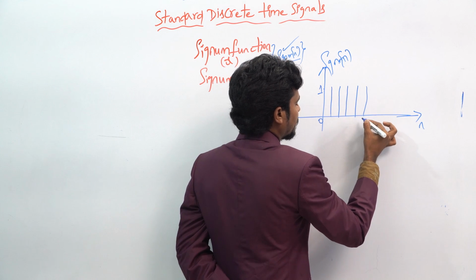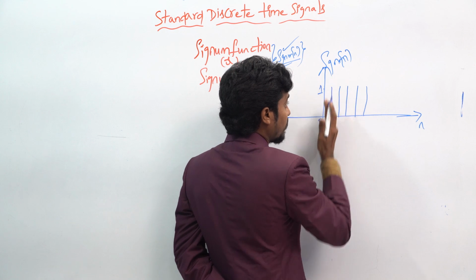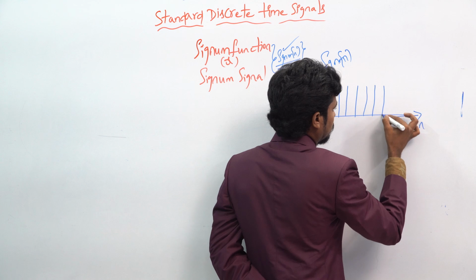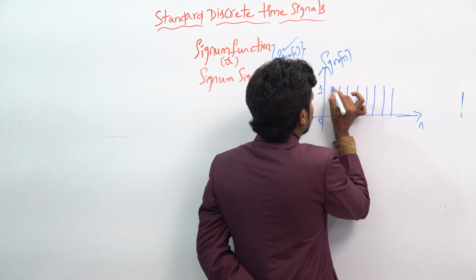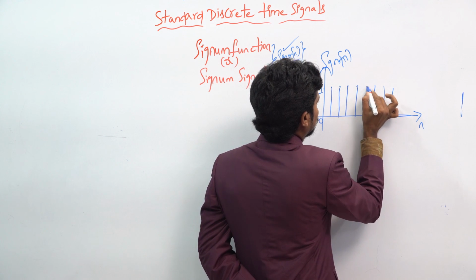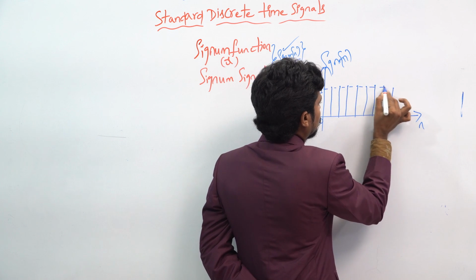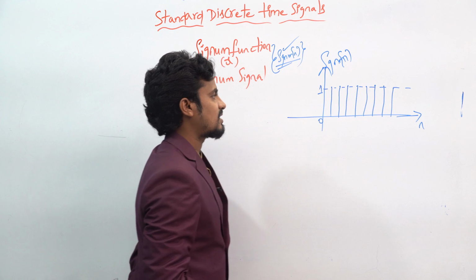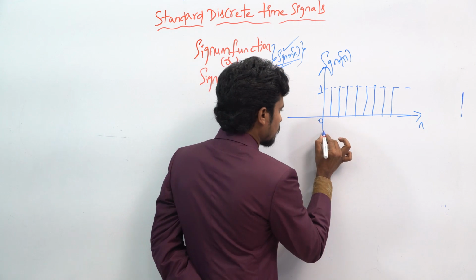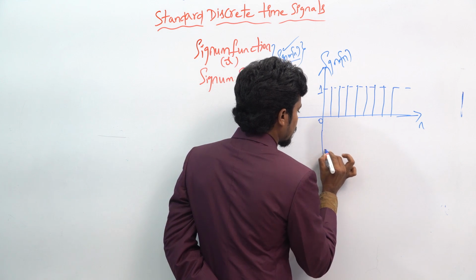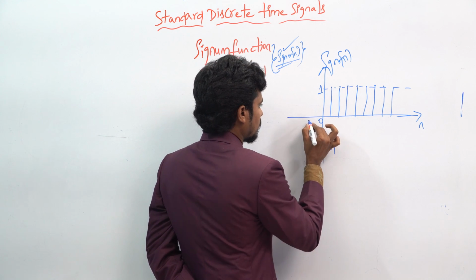For discrete mode, you just have to make it as samples. And similarly for -1, what you have to get?